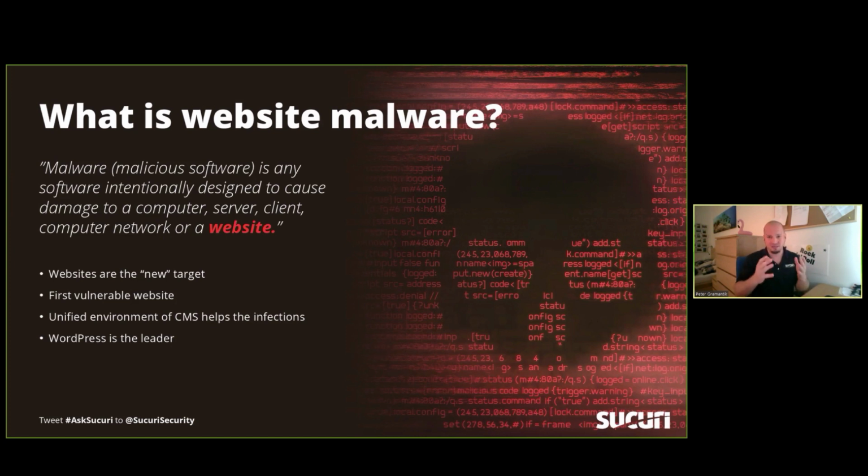But this website is the new target. And that's why I'd like to change the definition a little bit by adding the website. So malicious software is any software intentionally designed to cause damage to a computer, server, client, computer network, or a website. Because I kind of feel that none of the previous terms fits the website.